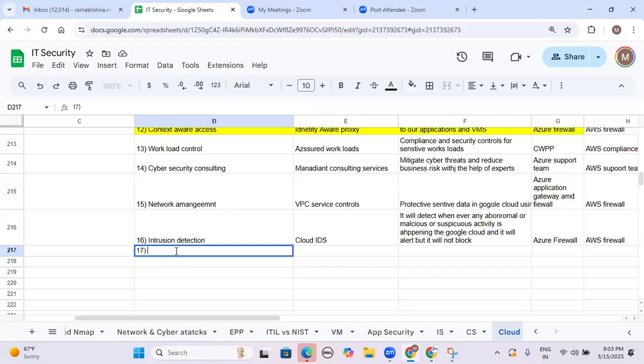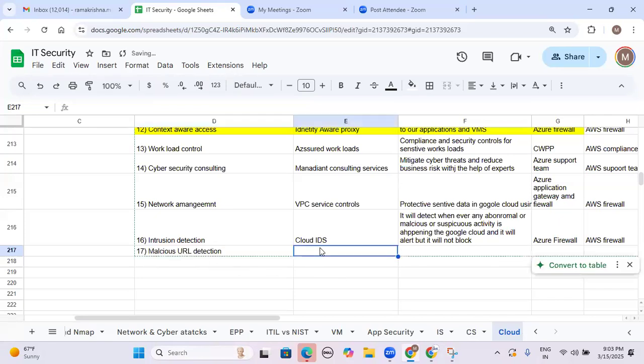So next one is malicious URL detection. It is dedicated to whatever websites or applications our internal employees are accessing in our organization, or maybe clients are trying to access.